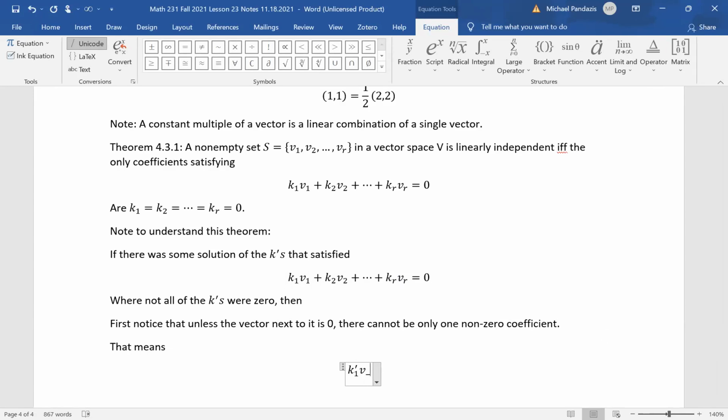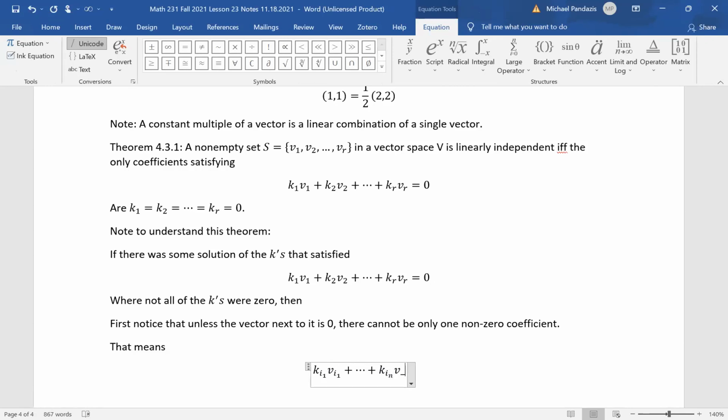something like k sub i1 v sub i1 plus ... plus k sub in v sub in. You'd have a sub-index, but okay. So this would be up to n, let's say.